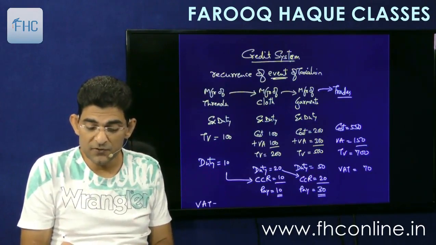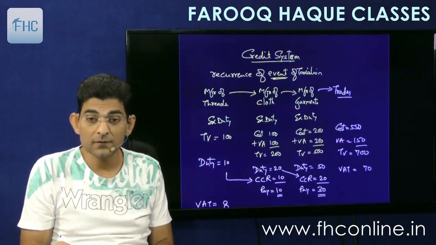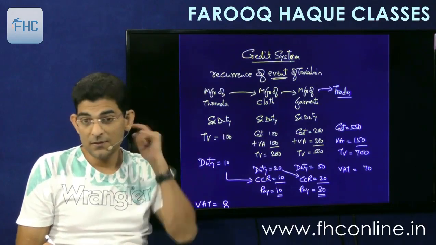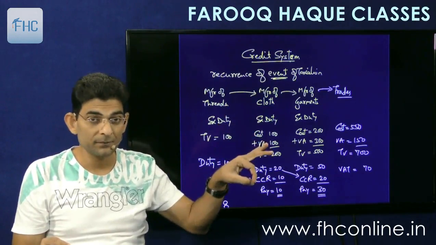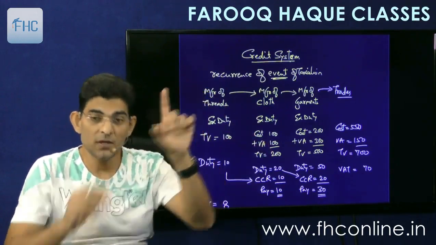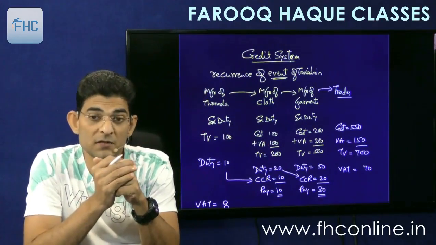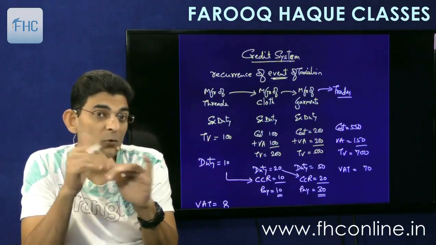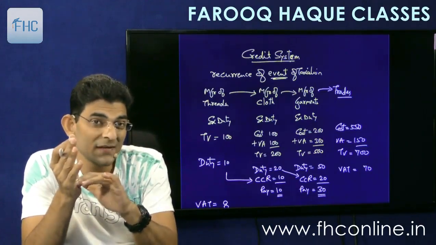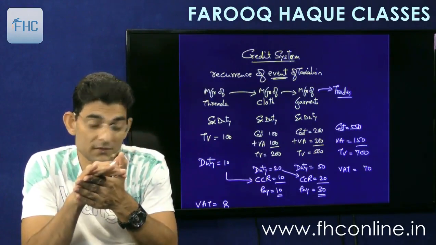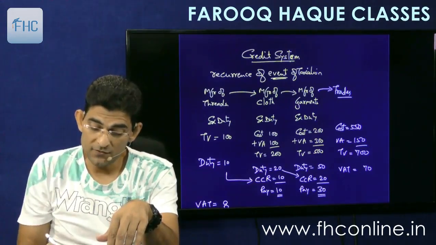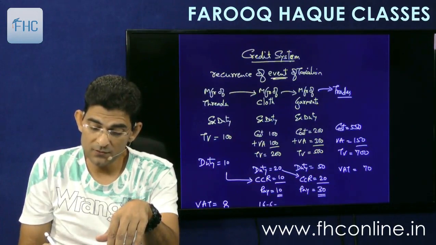So if the first person has paid VAT of maybe 8, the second person, now again the same thing will happen. The second person will get credit of VAT under VAT laws. Under VAT laws he will get credit of 8 rupees, and if his output liability is say 14, he will get set off of 8 and pay the difference of 6. So 14 minus 8 is equal to 6.